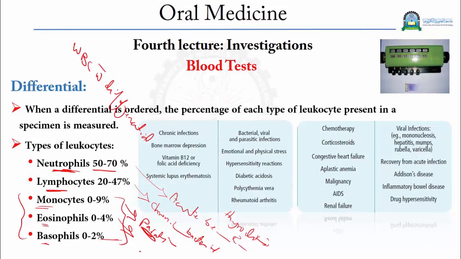Eosinophils also can indicate allergic reactions or allergic status of your patient, as well as the basophils indicate acute rheumatic fever and polycythemia vera.